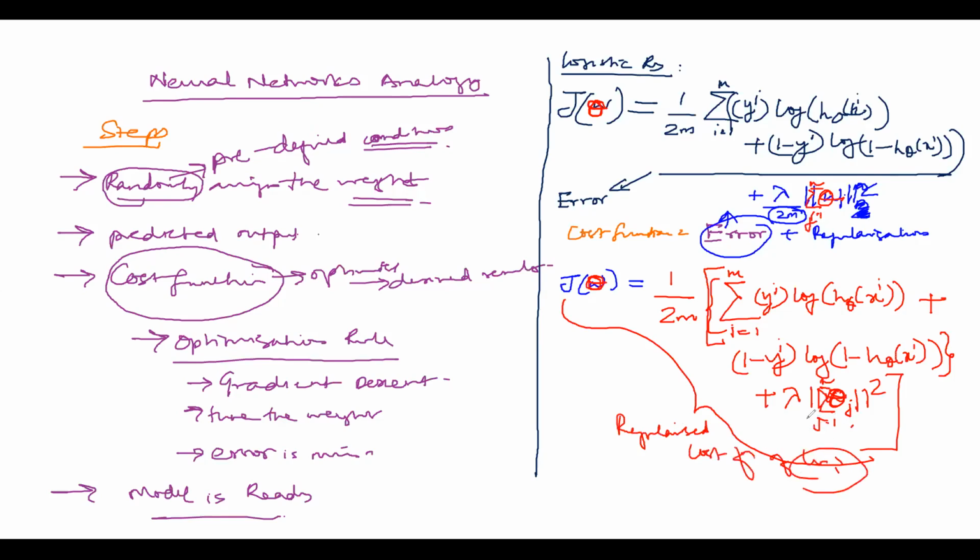Now remember, in logistic regression, whether it is logistic or linear regression, we have only one set of theta j because we didn't have any hidden layer concept. When I move to the hidden layer concept, what will be my J theta of neural networks?